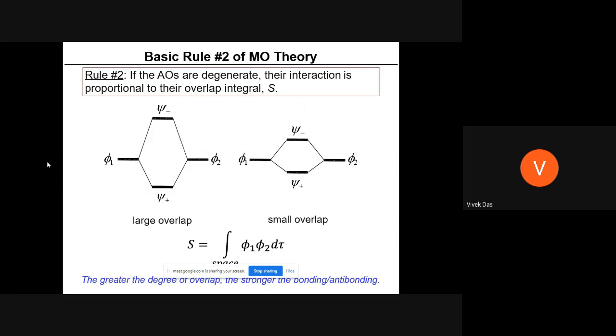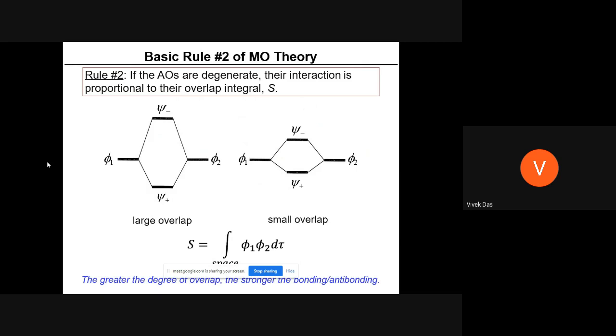So, the basic rule number 2: if the atomic orbitals are degenerate, their interaction is proportional to the overlap integral. And what is the overlap integral? It is the overlap between the two atomic orbitals, which may be the same or different.